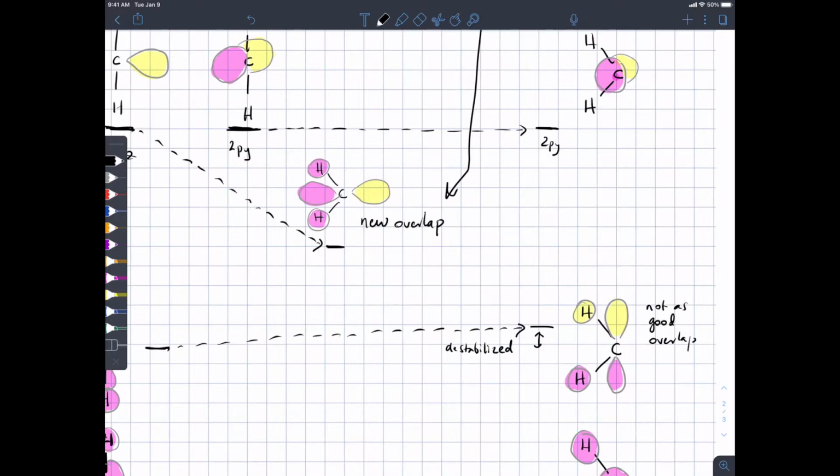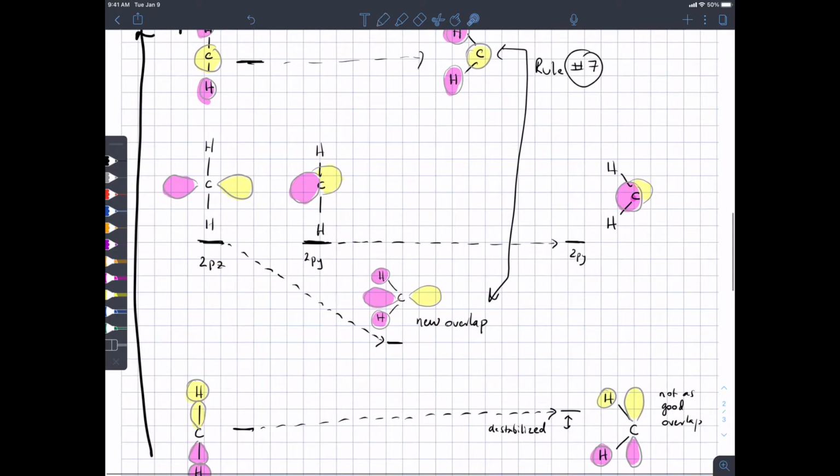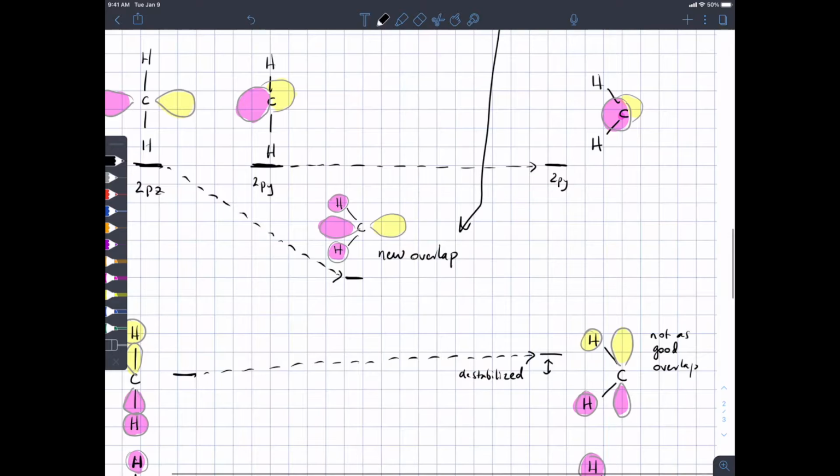When we mix the 2s orbital up here with the p orbital on carbon, we're going to get a hybrid orbital out that looks like this. It's got more s character in the part of the orbital that's on carbon. So we'll draw a hybrid type orbital on carbon. Because of that increased s character, the orbital goes down in energy by some amount. I won't worry about how much.